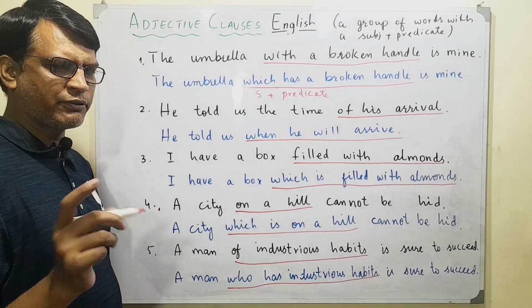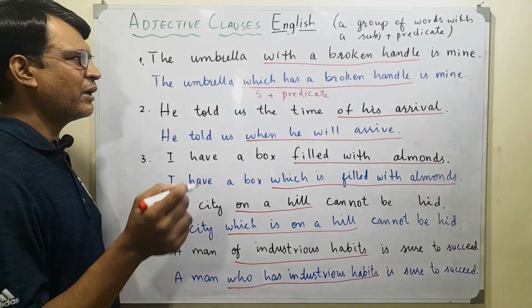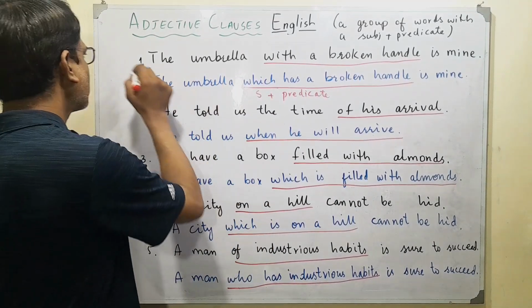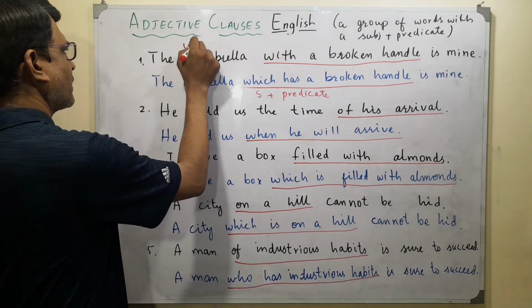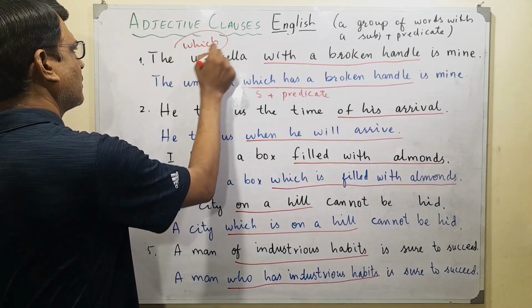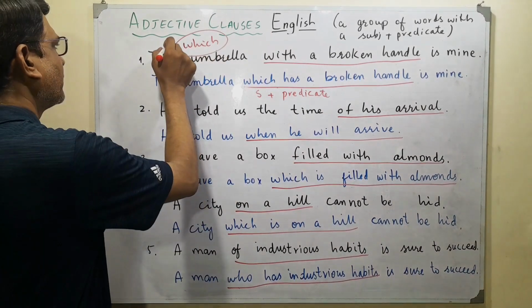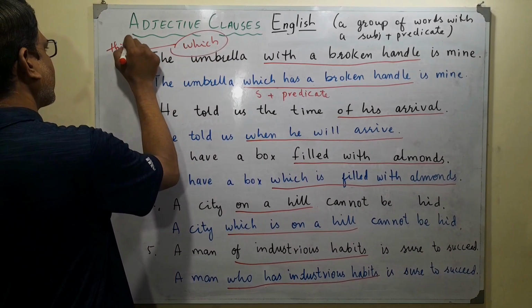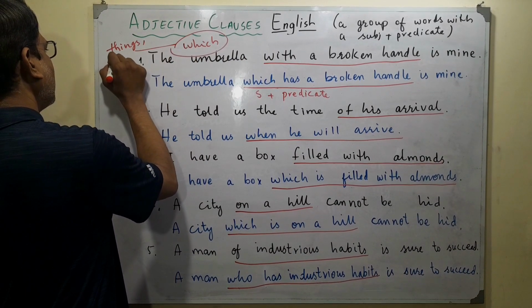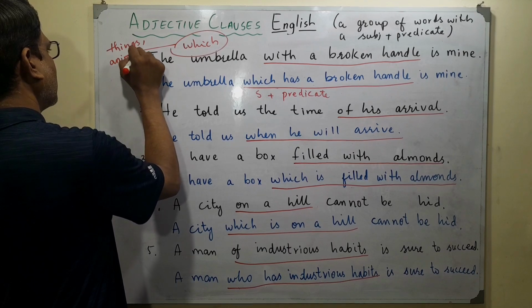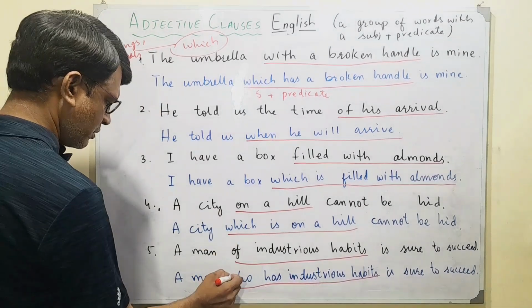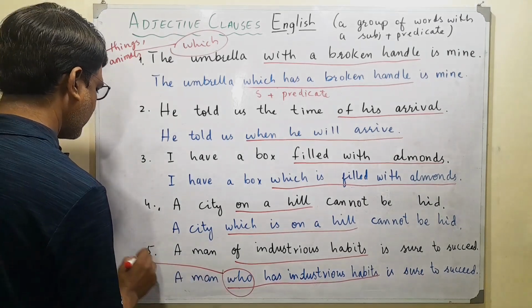There is one more thing that you need to remember: when we talk about things or animals, we use which. We use which for things and animals, but when we talk about people, we use who, like we have used here.